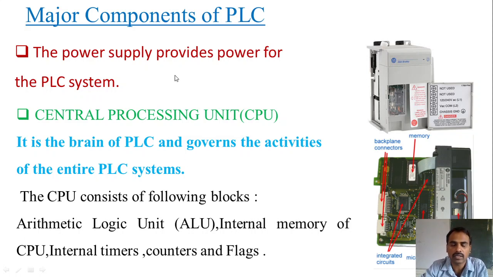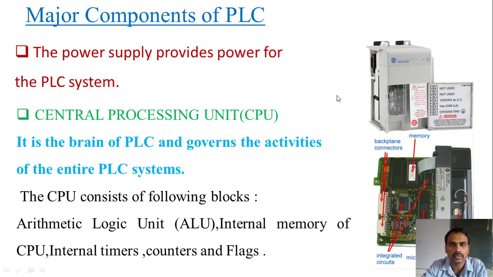Say, for example, PLCs operate at 120 VAC. This power supply unit maintains that voltage to all of its components, so that any power fluctuations do not go into the system components.